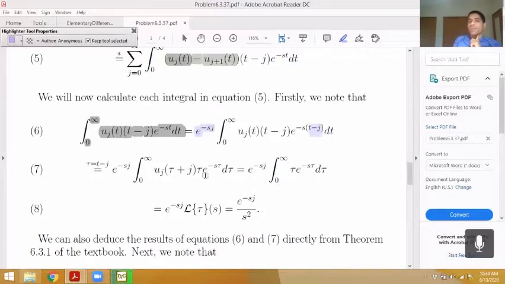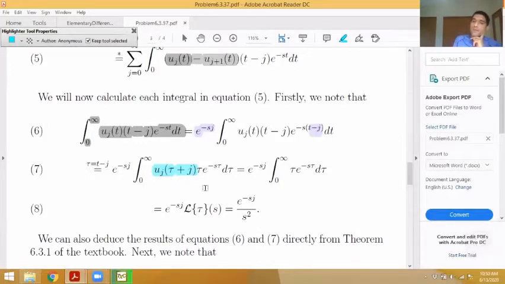So now the last two parts look good, right? Tau and e to the negative s tau, that's just what we normally see when we're working with Laplace transforms or just functions in general. Don't have to deal with that pesky shift by j. But this term here still looks a little bit annoying, this uj plus 1 of tau plus j.